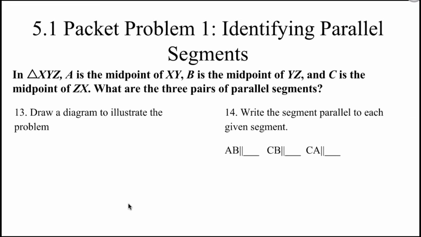Alright, so in triangle XYZ, A is the midpoint of XY, B is the midpoint of YZ, and C is the midpoint of ZX. What are 3 pairs of parallel segments? So what we have is a segment here, and a segment here. So now we're asked to draw triangle XYZ.